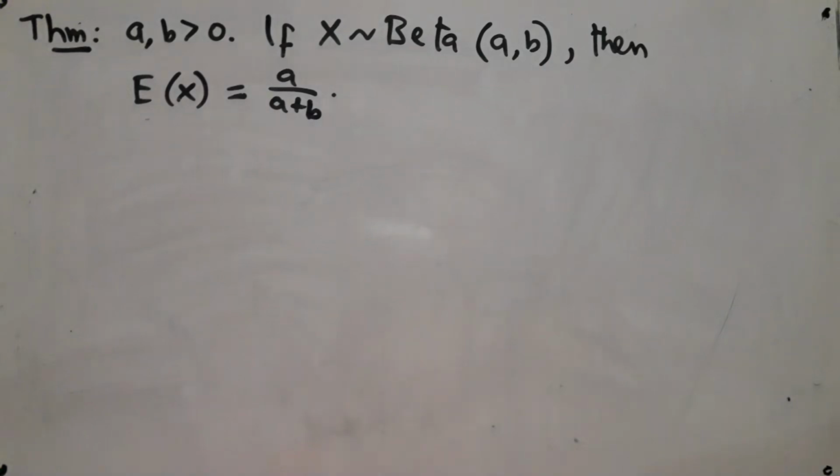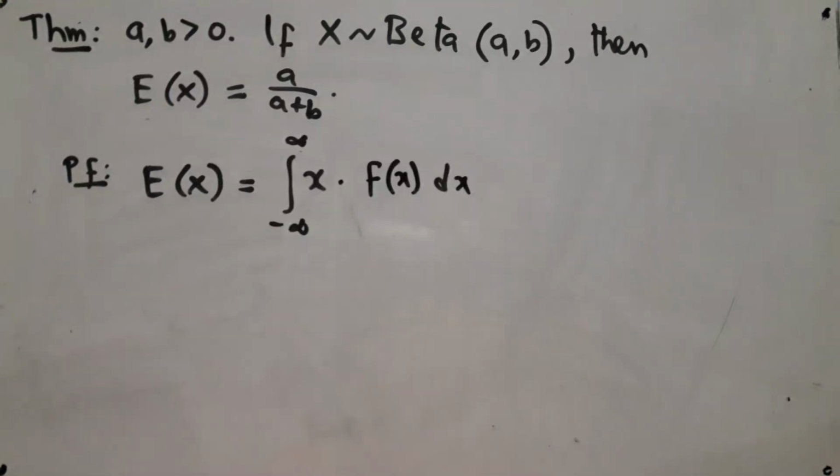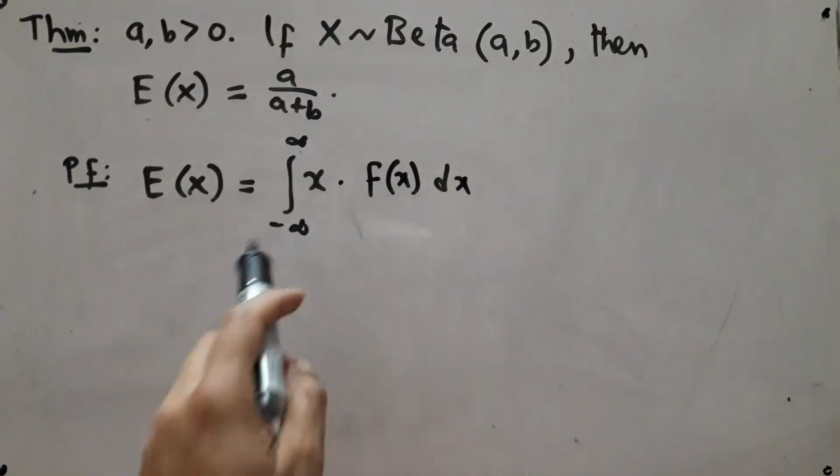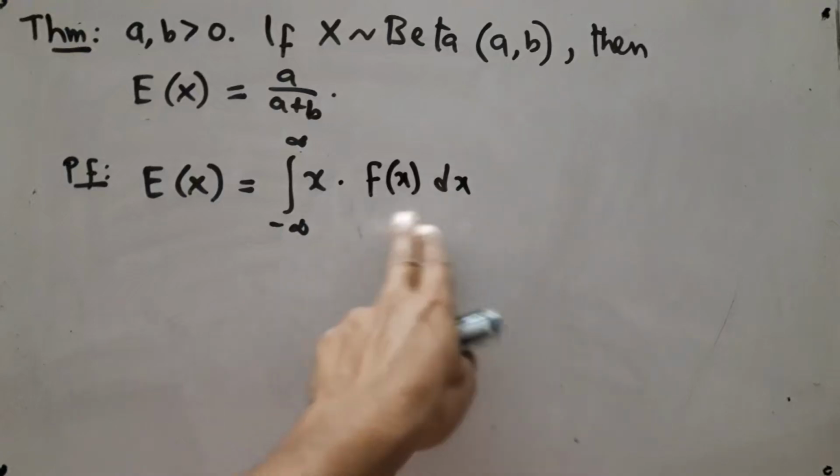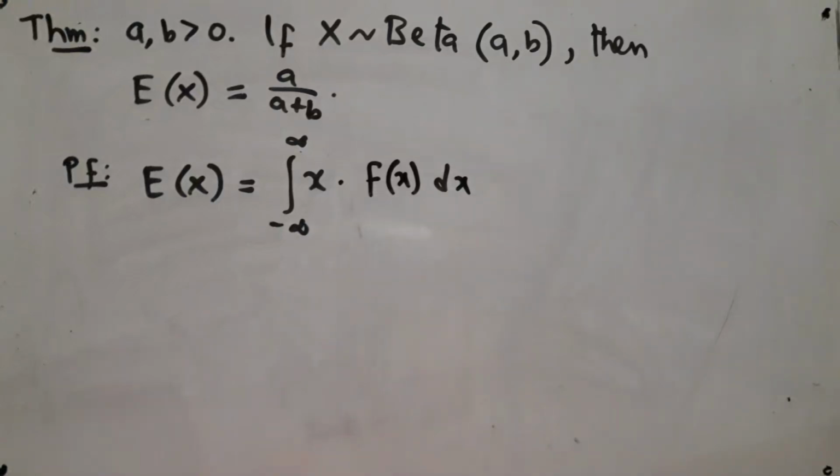Now the proof is pretty straightforward. Expected value of x is given by the usual integral: x times the density integrated from minus infinity to plus infinity. Now in our case the density is non-zero only over 0 to 1.